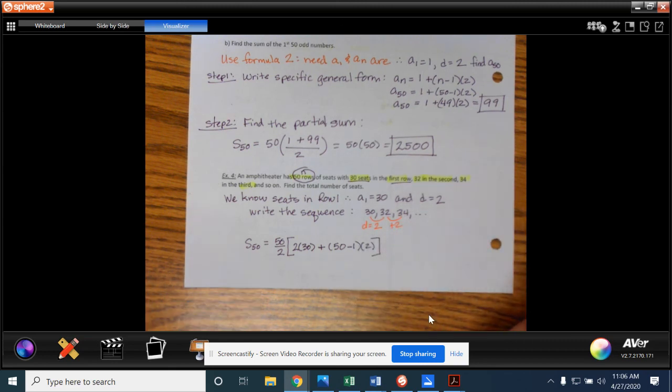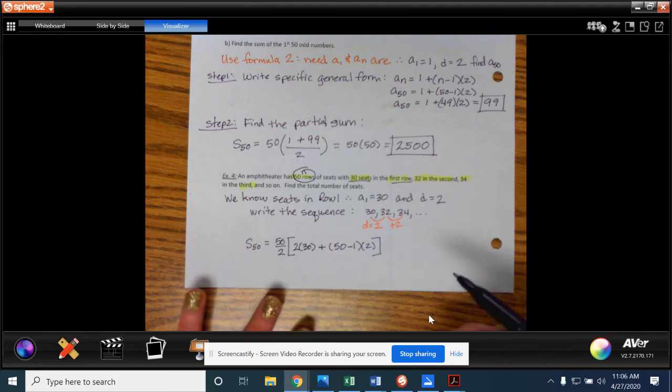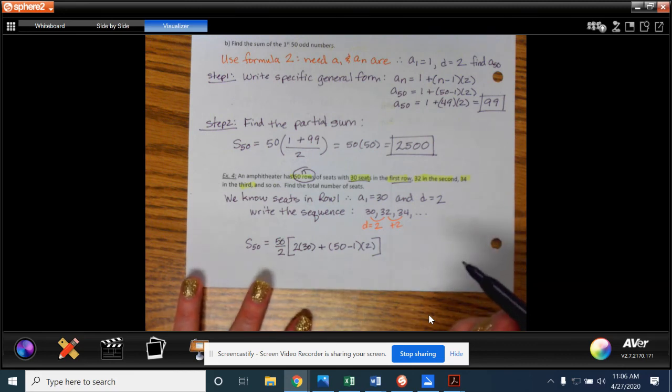Please memorize these formulas. It'll be very easy just to add the 2 and the n over 2 once you have the general form sequence from the 30 over. Memorize the a of 1 plus parentheses n minus 1 times d. Once you have that down, then you just add the 2 and the n over 2 for the sum. That one should be pretty easy if you can remember those two different things.